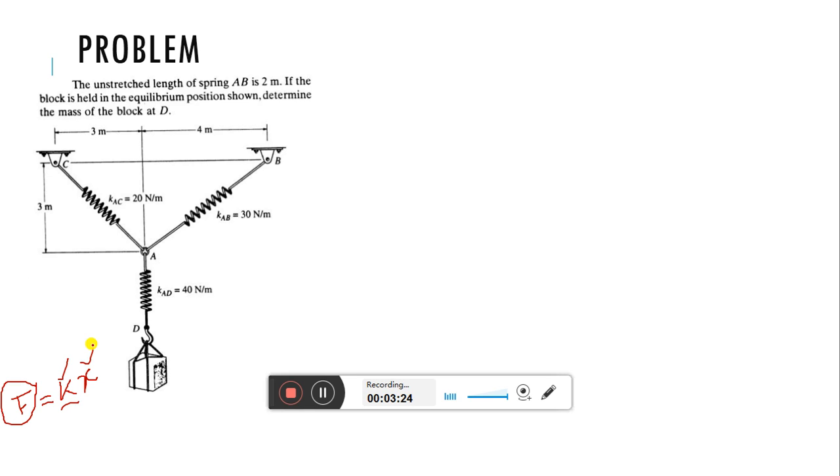Now this can be found out from geometrical information. Now already the actual length of spring AB is 2 meter, it is given. Now in this current position, it is extended. So in the extended position, can we find out what is the length of AB?